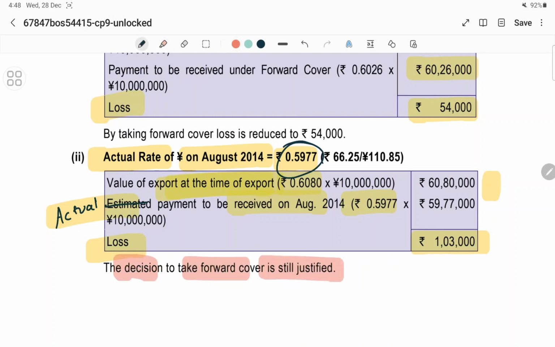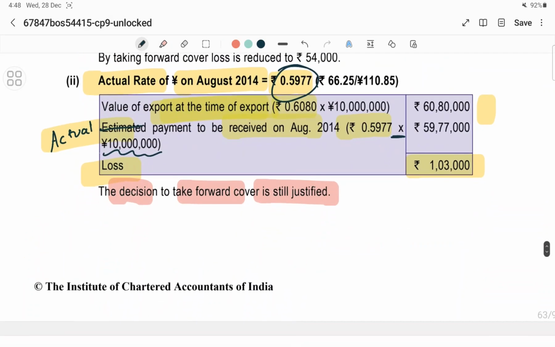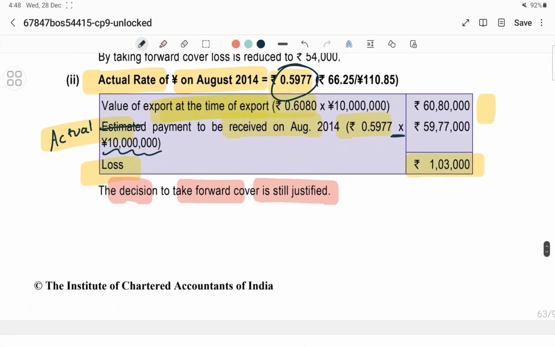Now one more thing: why is the rate being multiplied to the quantum of 10 million yen? I've already given the reason for this, but once again we'll do this for quick understanding. This quote, rupee upon yen, which we just calculated, 0.5977, multiplied by, why am I multiplying?